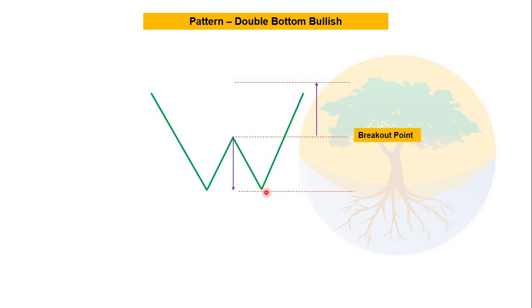So this would be your entry point. Then you hold until it reaches this point. You have reached your profit level, and if you want, you can sell. Usually what I recommend is that if you see a pattern at this point here that looks like a good reversal pattern, maybe there is a hammer, or maybe there is a piercing pattern, or maybe a bullish engulfing, you can buy maybe 50% of your target.